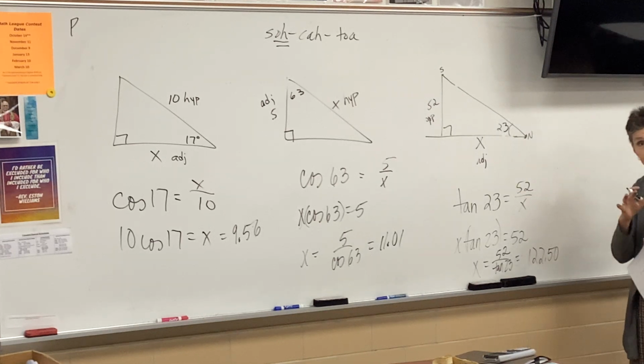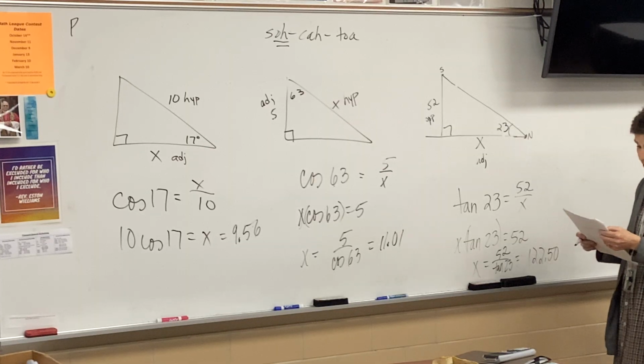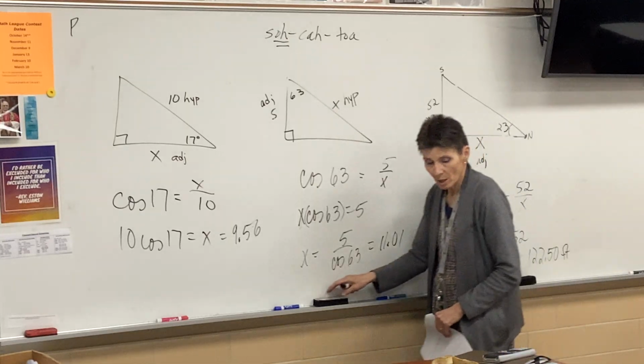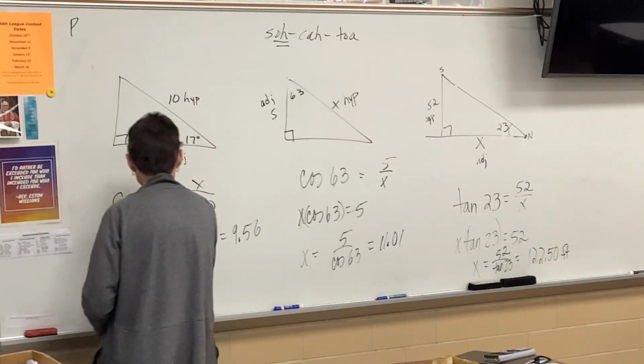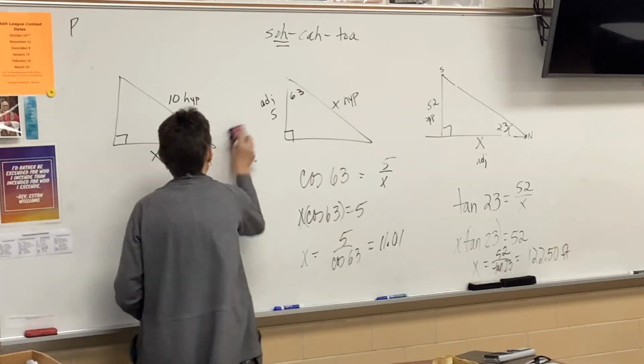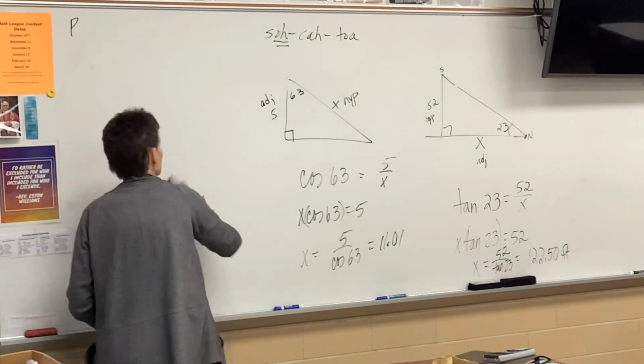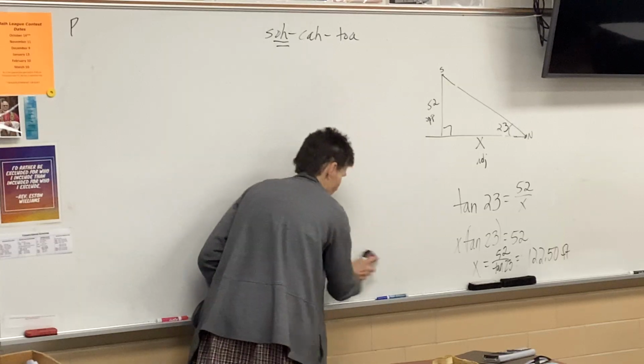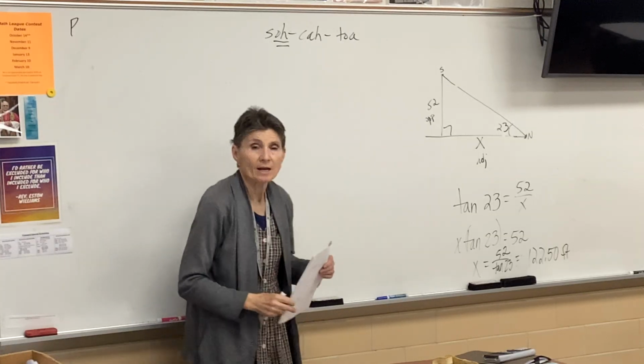Now, a little difference here. Because it's a word problem, we're going to label our answer. So it would be feet. So 122.50 feet is how far the nut is from the base of the tree.